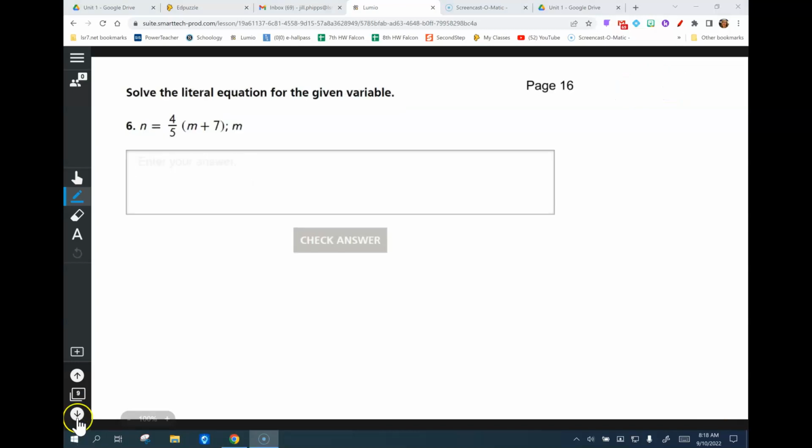That one's done. Okay, so this time we're solving for m. We want to get m all by itself. Now this is one that we can approach two different ways, and I'm going to show you the two different ways because I want your mind to decide how you would approach it. So if I do it, oh gosh, we could actually do this about 3 different ways now that I think about it.